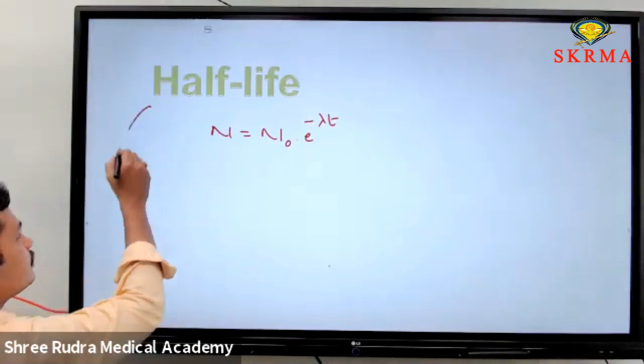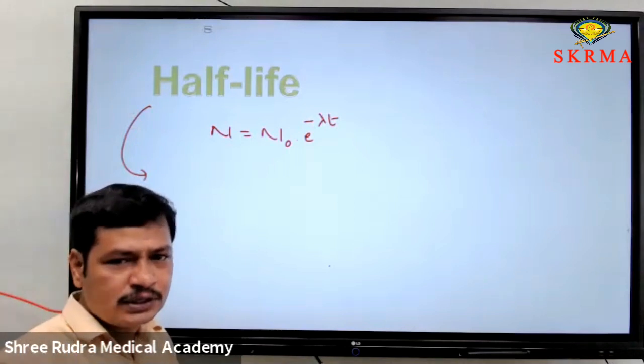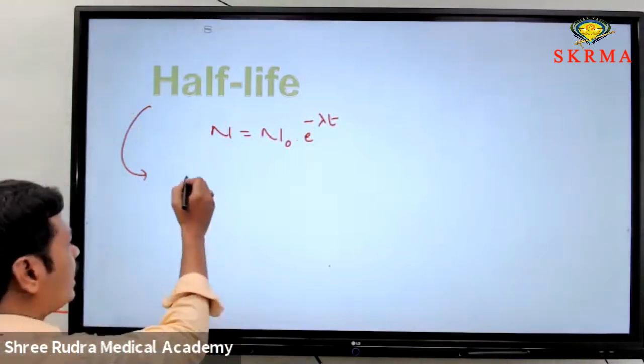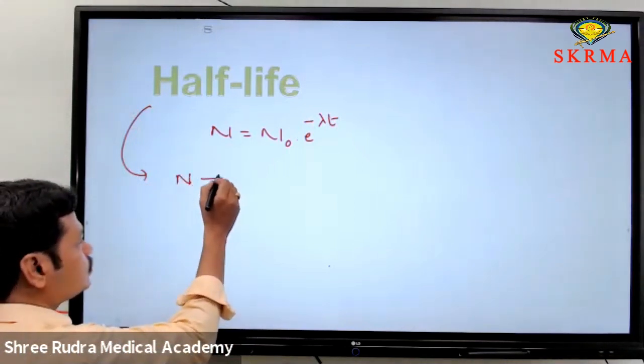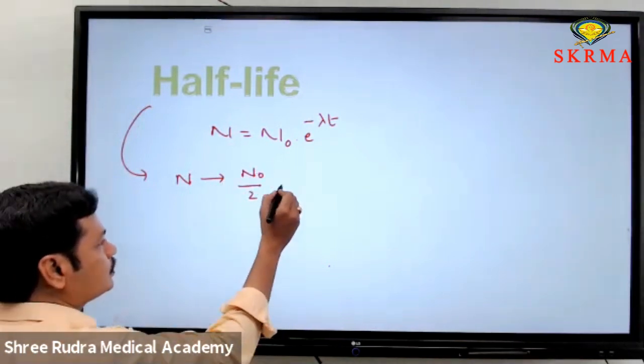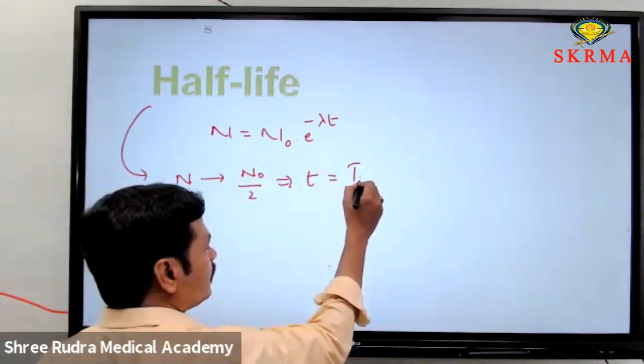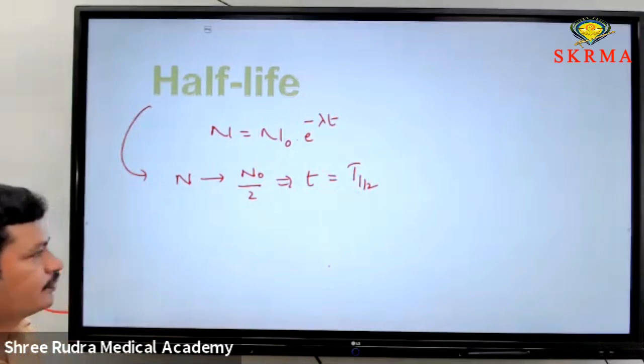The half-life is nothing but the time taken to become half of the total nuclei. When N becomes N naught by 2, that time is called the half-life of radioactive nuclei.